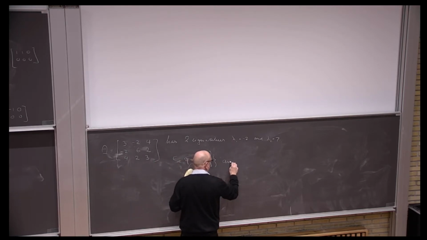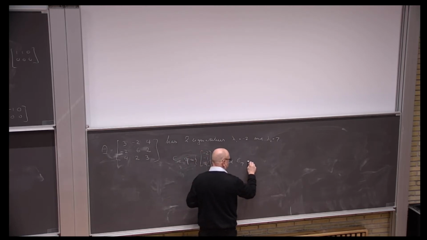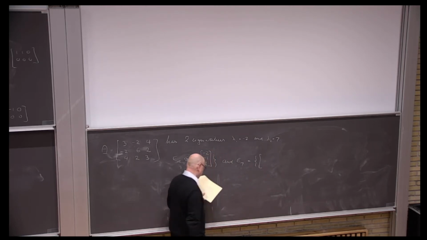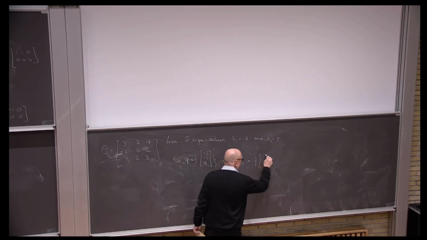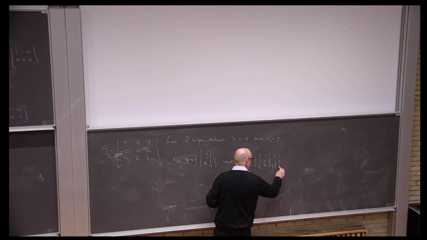And the eigenspace corresponding to the eigenvalue 7 is spanned by minus 1, 2, 0 and 1, 0, 1.